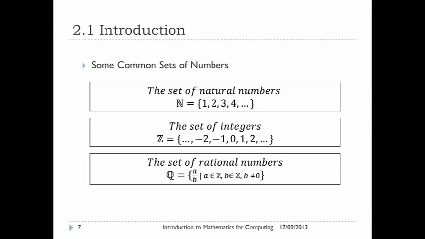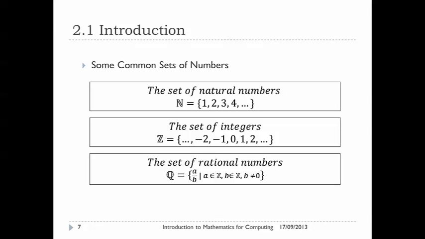So the set of integers, represented by this capital Z symbol, coming from the German Zahl for number, will give us all of the negative numbers, 0, and all of the positive whole numbers. Okay, so we can see that the set N is actually part of the set of integers, those positive numbers.